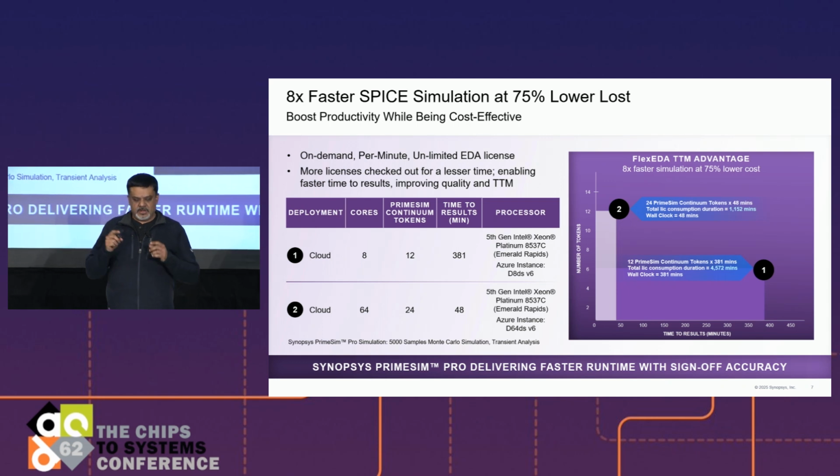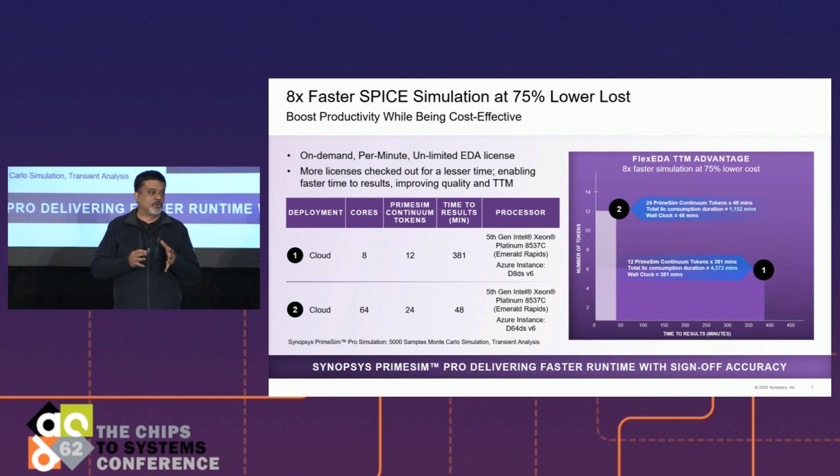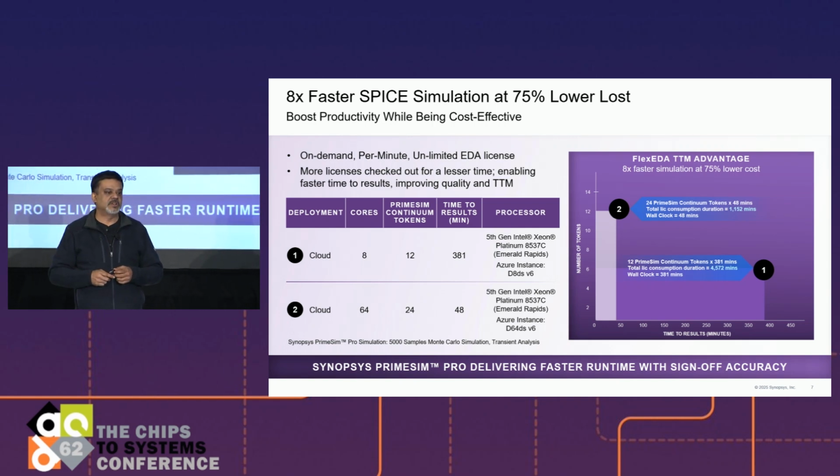The same job, while running on a 64-core machine on the cloud, actually took twice the number of tokens, but only ran for 48 minutes. So net, because you're only paying for 48 minutes instead of 6.5 hours, your actual cost of running this job is 1/4 of what it was from the earlier one. And you also finish the job so much faster, 8x faster at 1/4 the cost using this model.